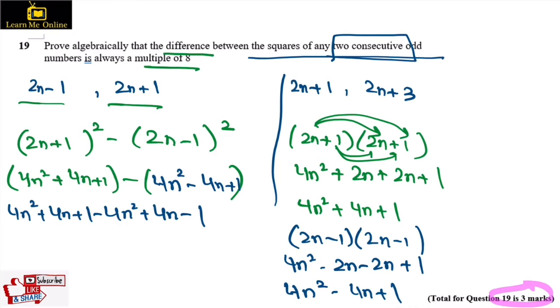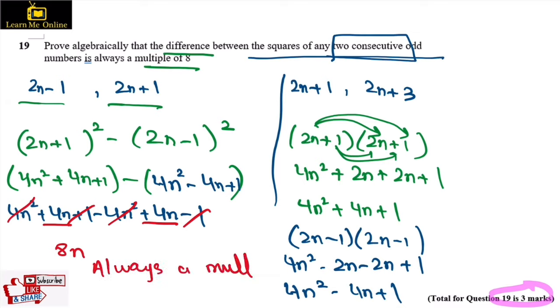You simplify them, so 4n squared cancels with 4n squared, then plus 4n and plus 4n makes 8n, and plus 1 minus 1 cancels as well. Clearly we can see that 8n is a multiple of 8, and we write down always a multiple of 8.